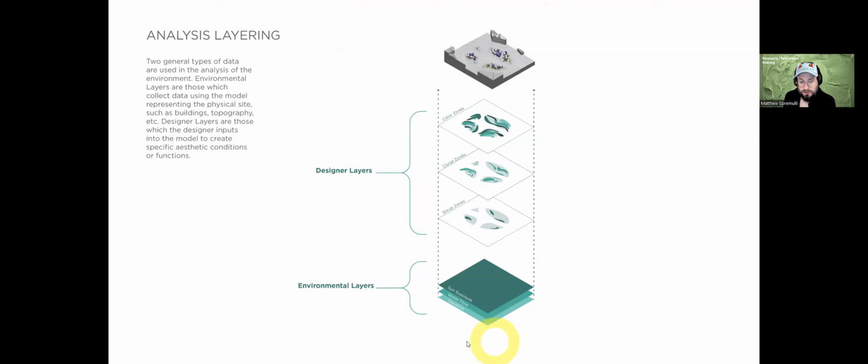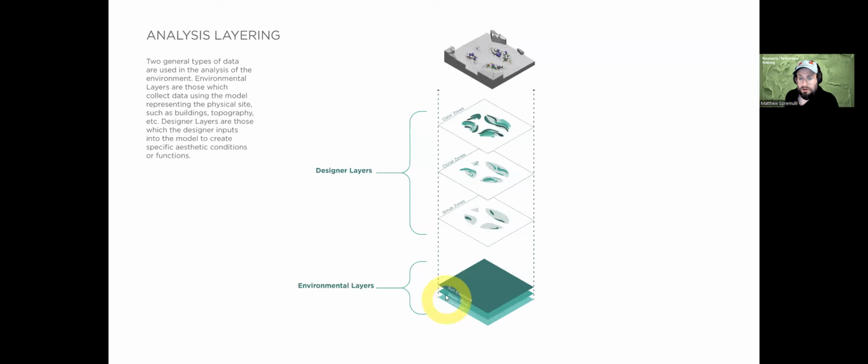And based on your topography, you can then layer on different environmental analysis layers. It's your choice. You don't have to add on environmental layers. That may not be important for your work, but this is the concept that you could leverage.